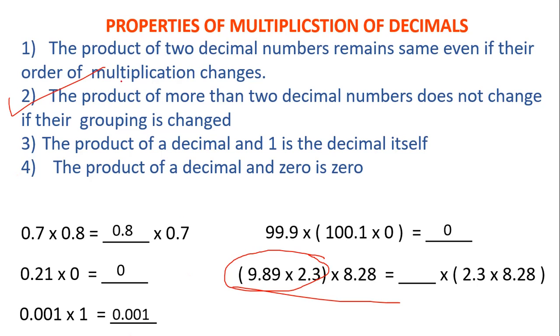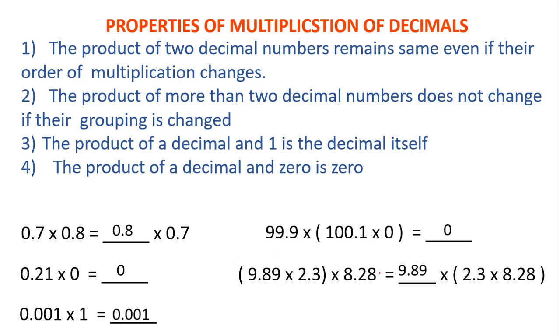Second property states that the product of more than two decimal numbers does not change if their grouping changed, which means here they made the grouping of first two numbers in the left side of equal sign, right side of equal sign they made the grouping of the second and third numbers. When they made a different grouping, we have to find the missing number in this. The missing number in these three numbers is 9.89. This is the answer for fill in the blank.